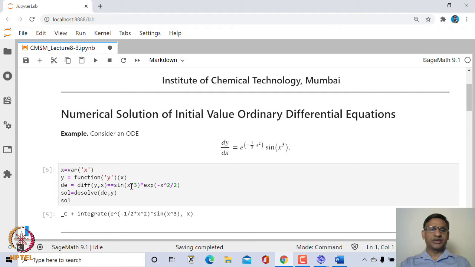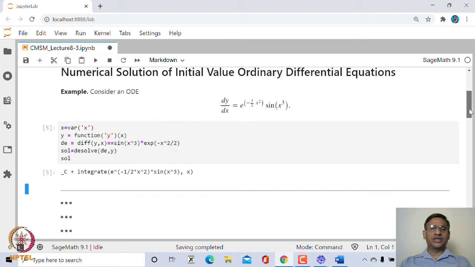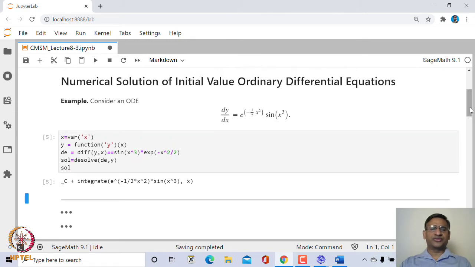It simply returns the constant and integral of this right hand side, which is not what we want. So this is one such example. There are several examples where you cannot solve this differential equation explicitly.